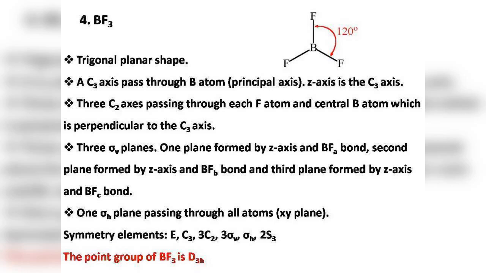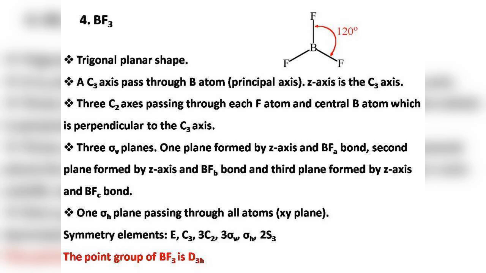There are 3 C2 axes passing through each fluorine atom and the central boron atom, which are perpendicular to the C3 axis. 3 σv planes. One plane formed by the z axis and B-FA bond. Second plane formed by the z axis and B-FB bond. And third plane formed by the z axis and B-FC bond.